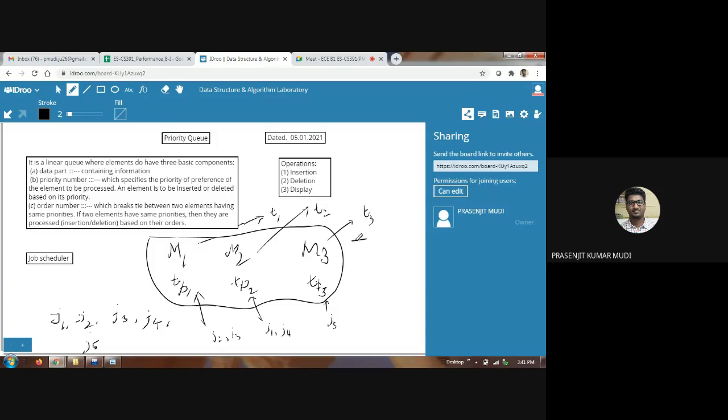So what is the total amount of time the computer has taken to complete all the tasks?